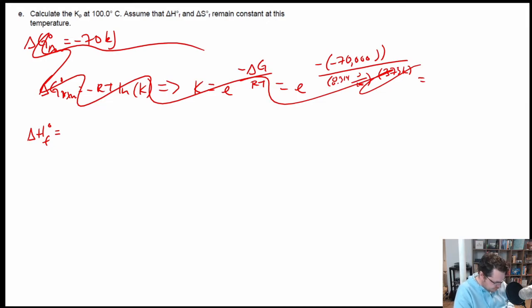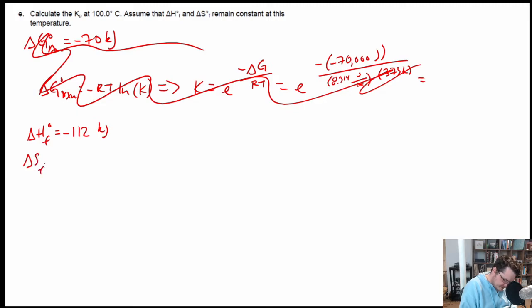So NO2, delta Hf is 34 times 2 minus 90 times 2, negative 112 kilojoules.